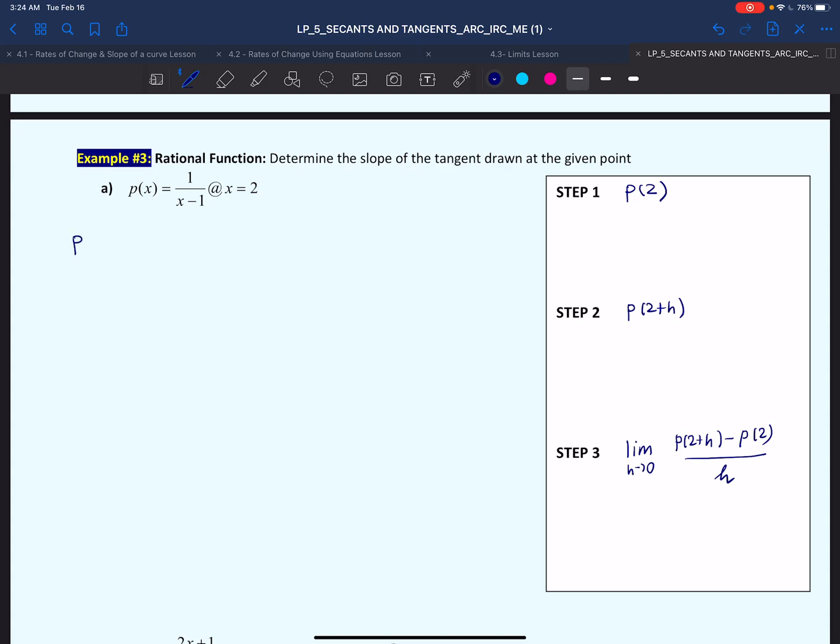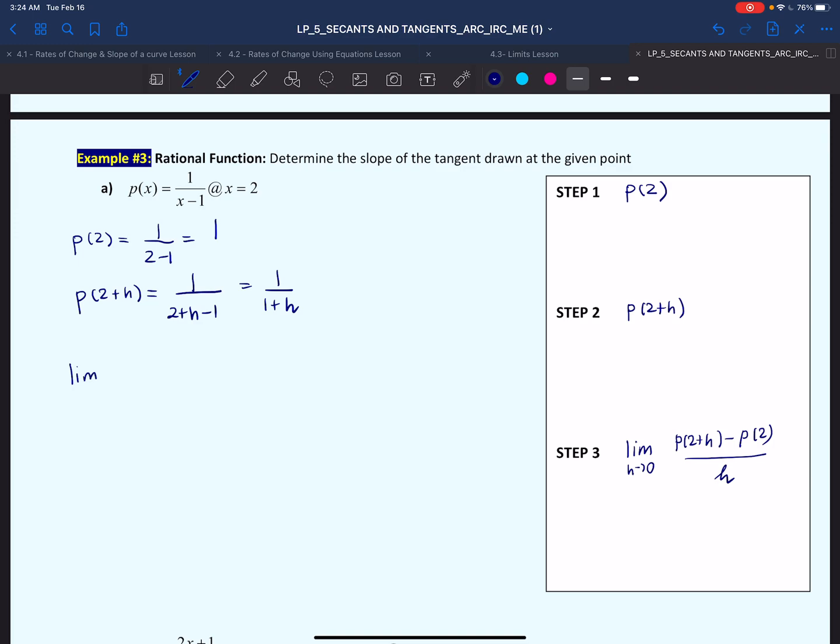So p of 2 equals 1 over 2 minus 1, 1. P at 2 plus h equals 1 over 2 plus h minus 1, or 1 over 1 plus h.